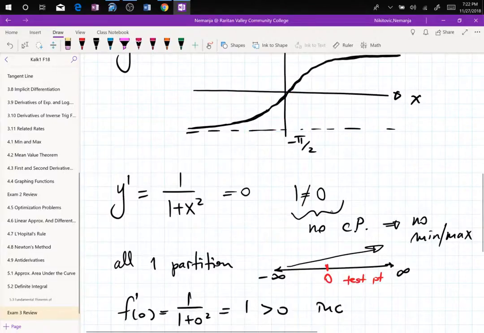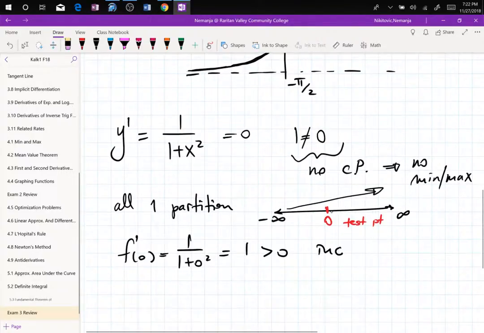So this suggests that there is an inflection point at 0, changing concavity, and I have concave up and concave down by looking at the graph. But we can prove that using our second derivative test. So as you can see, one partition for the whole problem for increase-decrease, so the first derivative test, but there will be at least 2 partitions for the second derivative.